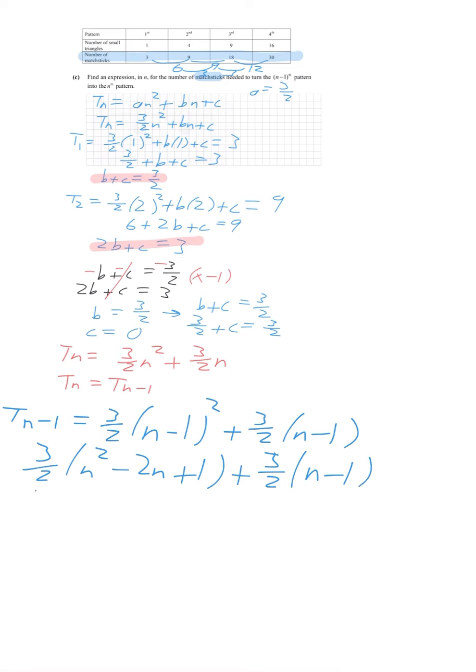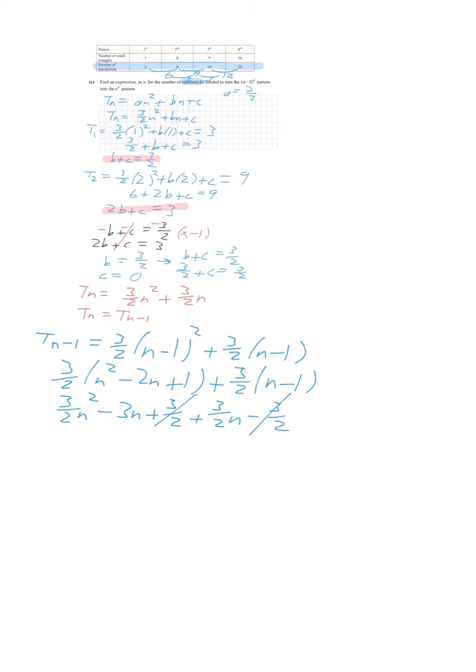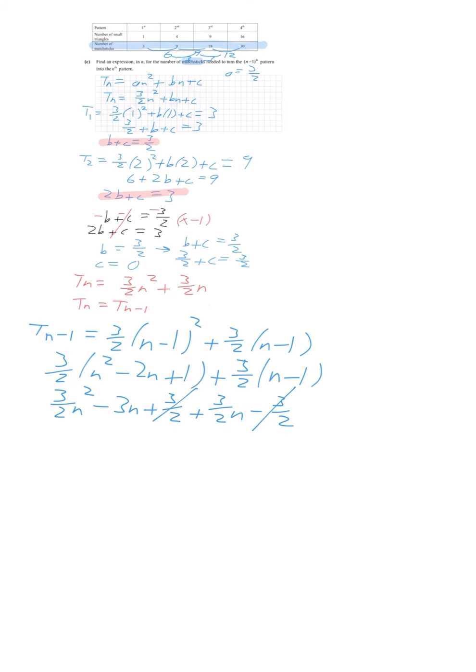Expanding this out now, I have 3 over 2 n squared minus 3n plus 3 over 2 plus 3 over 2n minus 3 over 2. So the 3 over 2s will cancel, and then minus 3n plus 3 over 2n.